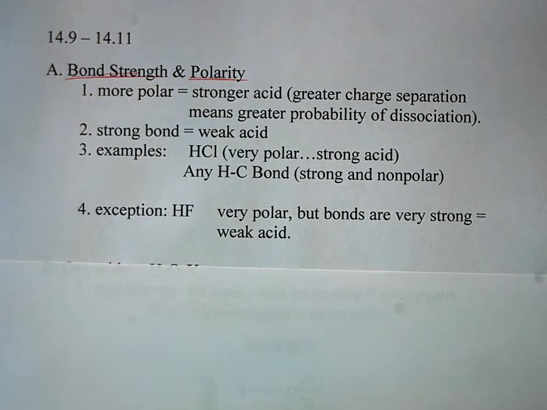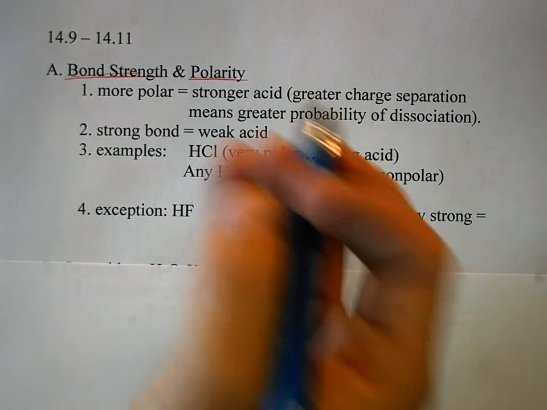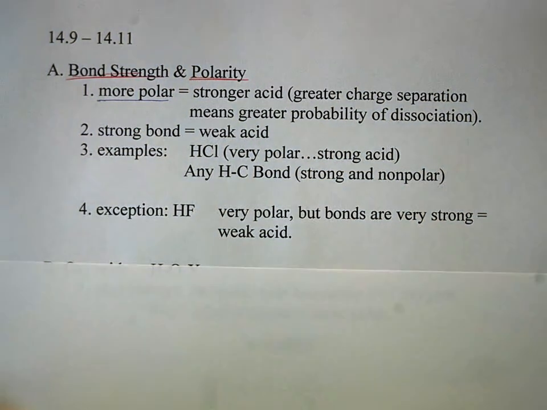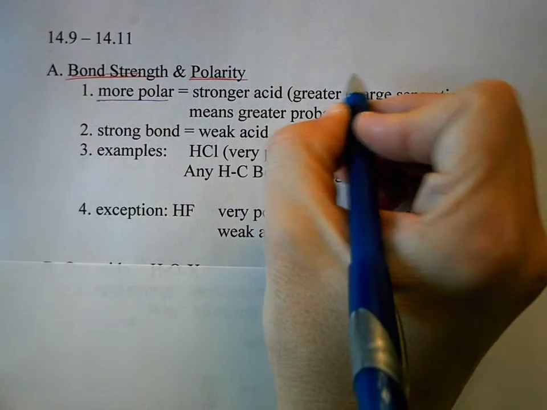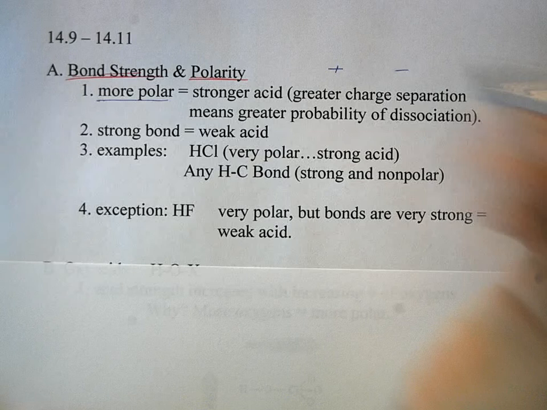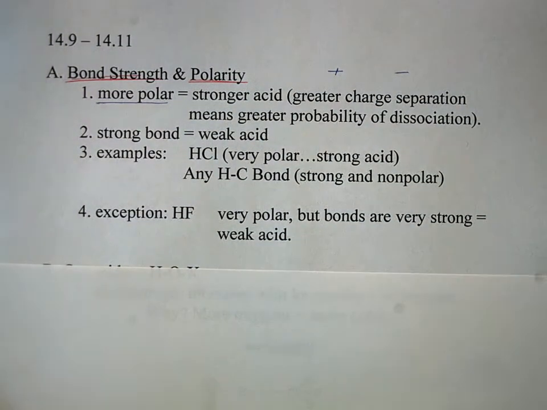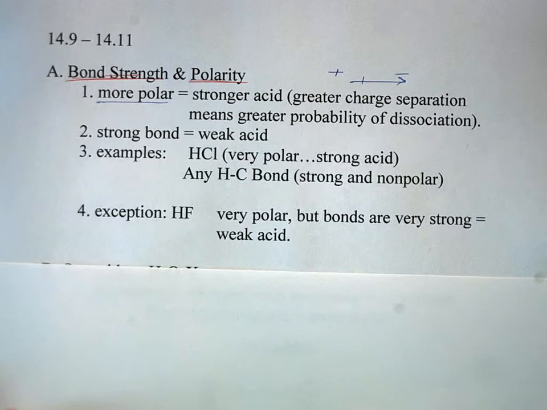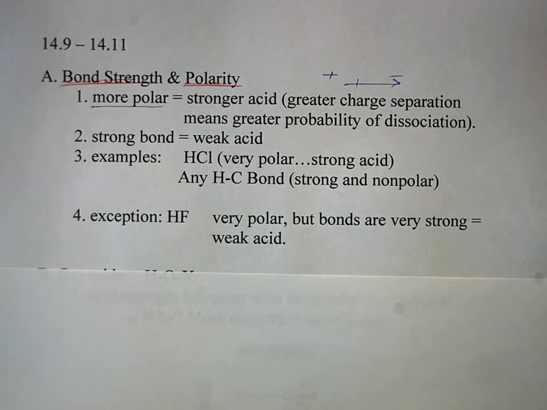So generally speaking, the more polar a molecule you have, the stronger the acid is going to be. The reason is that polar molecules have a positive end and a negative end. If that negative end is more negative because of its electronegativity value, that greater charge separation means there's a greater probability of dissociation.